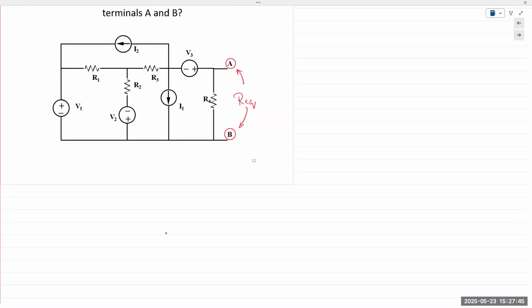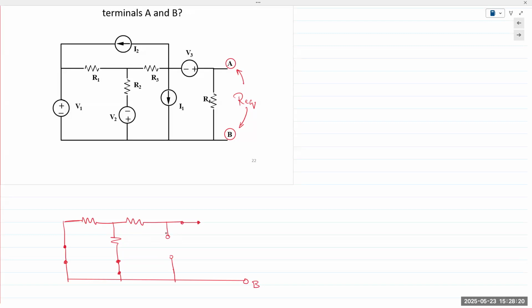All right, let's draw out the resistors first. So we got R1, R3, R2, and then there's a current source here that's left open, obviously. Then there's a voltage source here. We short it out. There's another voltage source here. We short that out. This is B. Another voltage source here.